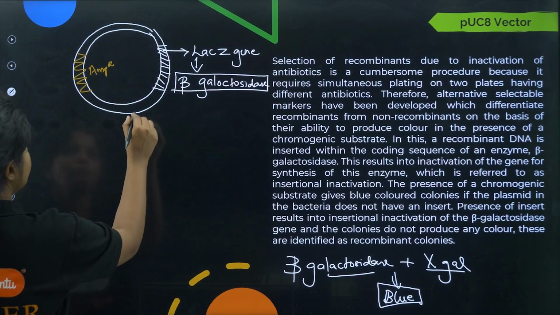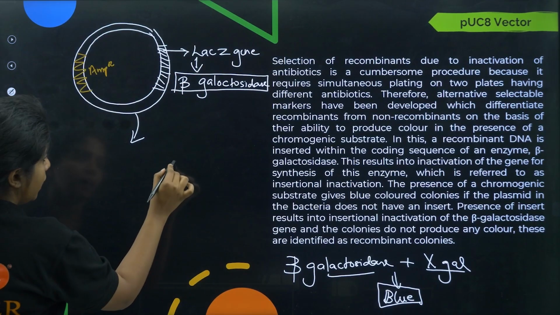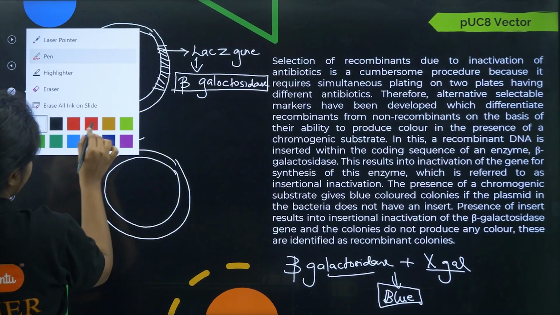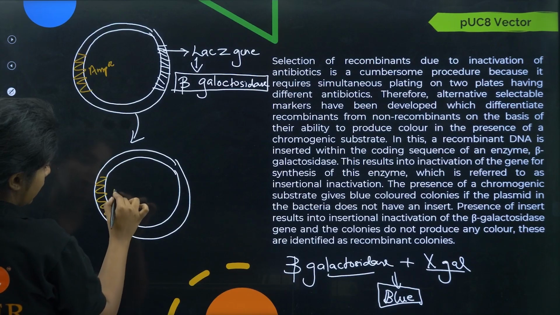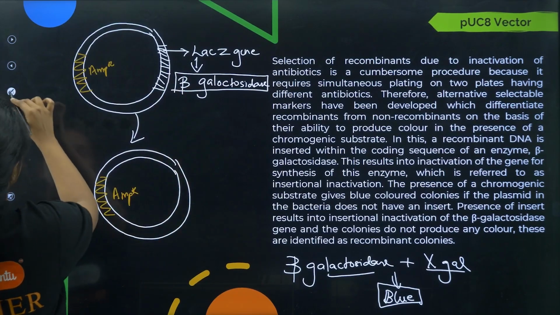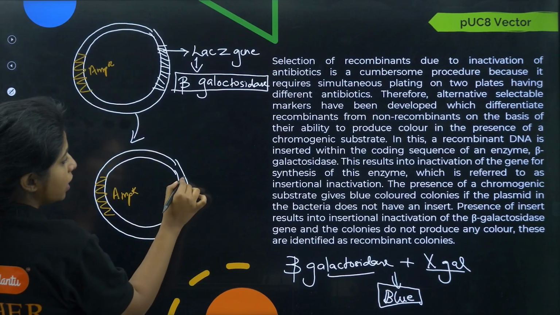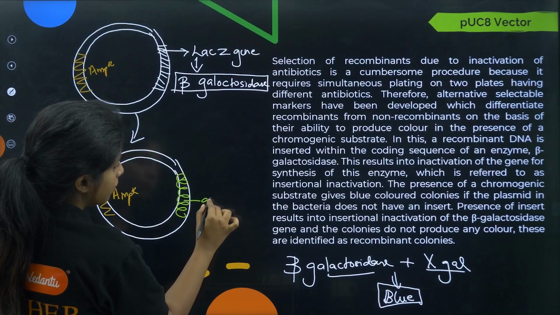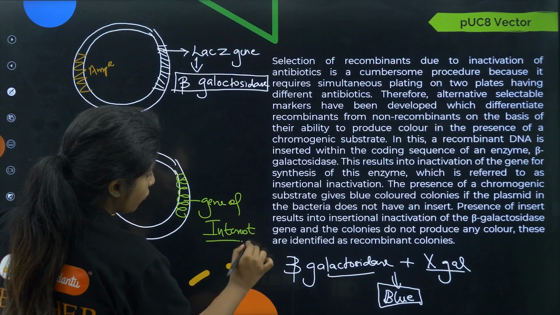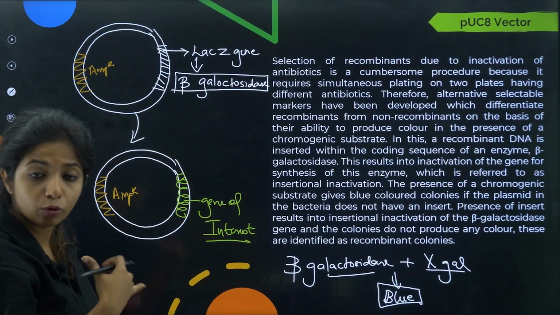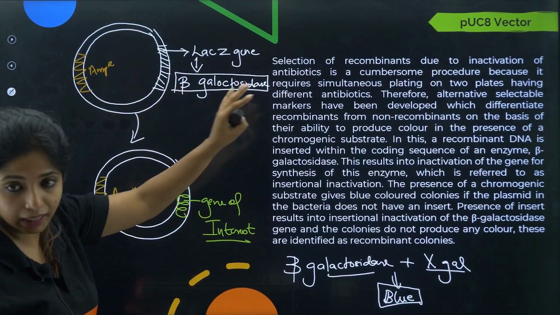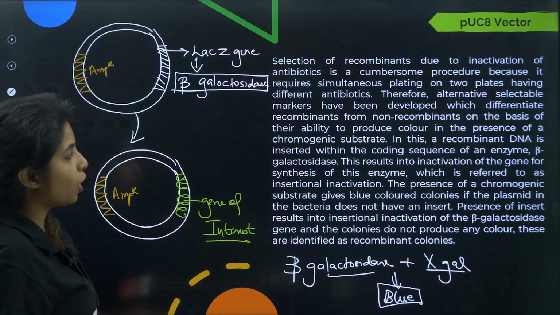Now if I make a bit of a change in this particular plasmid, the ampicillin resistant gene I keep as it is, but here instead of the LAC-Z gene I am putting my gene of interest. So obviously beta galactosidase activity won't be there, because that enzyme is not being produced since I have altered the LAC-Z gene. So no beta galactosidase.